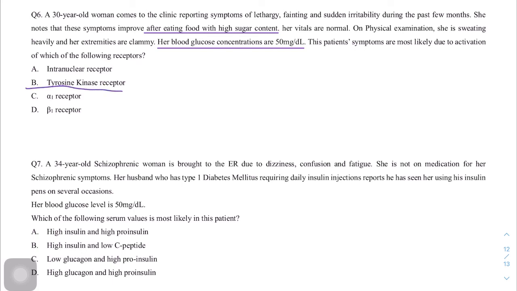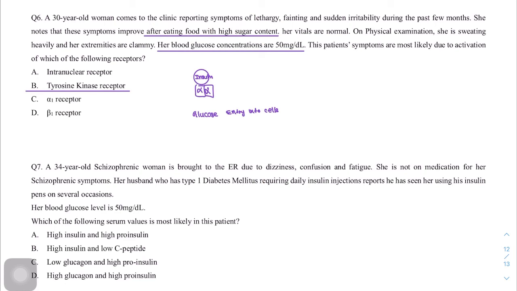Remember, when tyrosine kinase receptors activate, it is going to cause insulin to work. So this will cause the alpha subunit to be activated and that will cause glucose entry into the cells. So that means there is no blood glucose, and that is why the blood glucose levels are low.